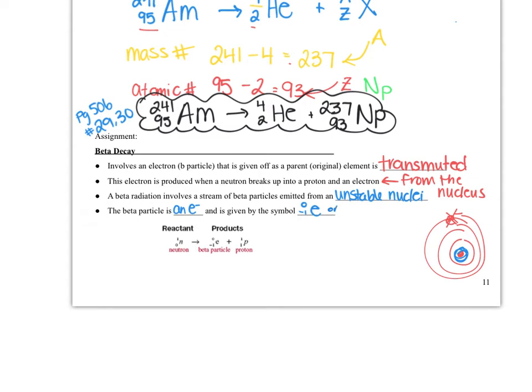We can also write B. We'll use electrons in our notation, but again, a beta particle can be denoted by a B. So what we see, again, is a neutron from our nucleus that breaks into a proton and a beta particle or an electron. So we have conserved charge. Our positives and negatives are still equal. We've just lost an electron from our element.